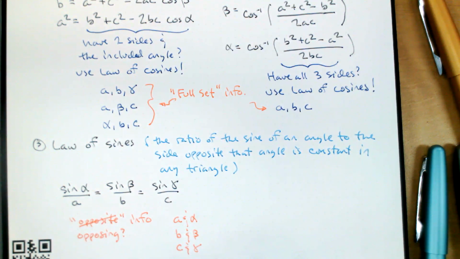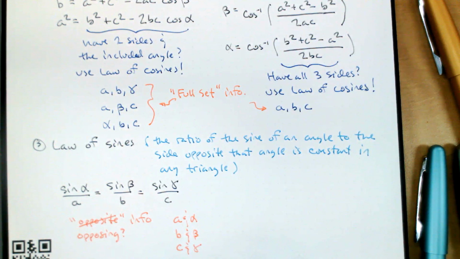So those are the two cases. The overall rule for which law to use is, which law can you use? You don't have to think about it too much. In general, we will want to use the law of sines. As soon as we use the law of cosines once, then we have four pieces of information and we are guaranteed to have a set of opposing info.